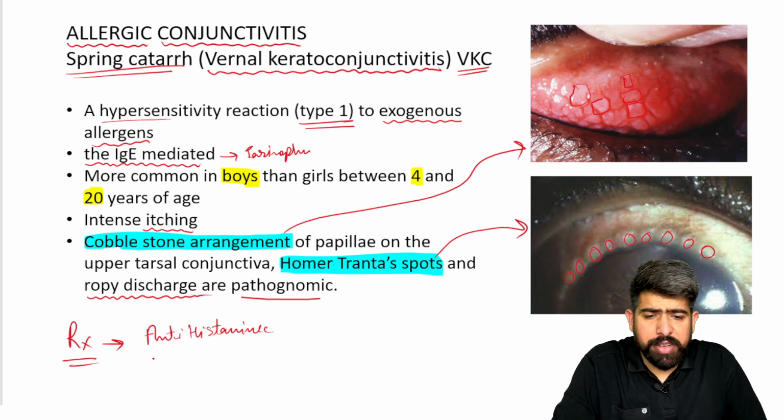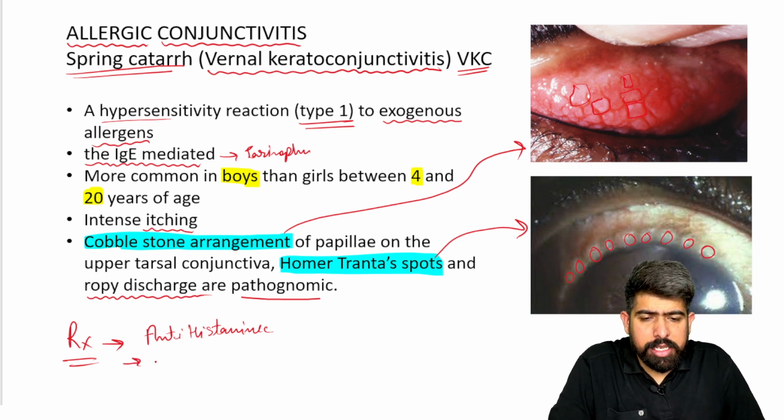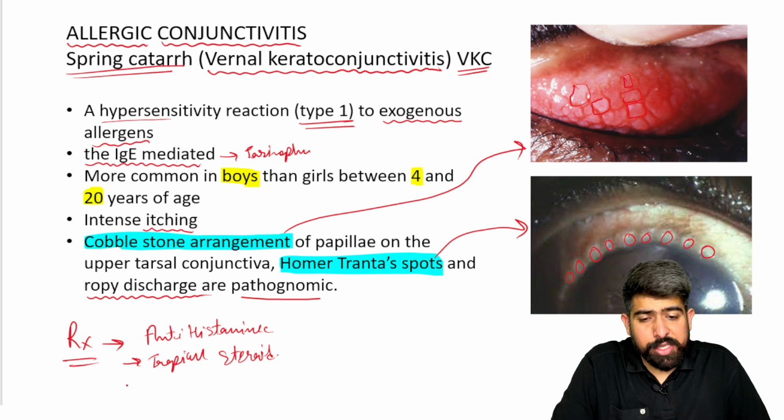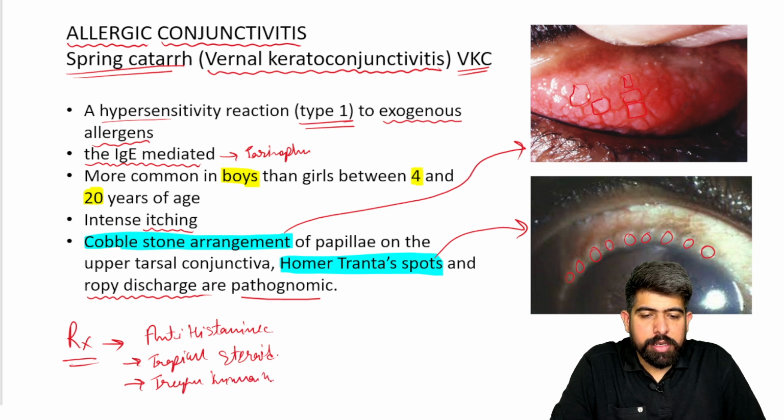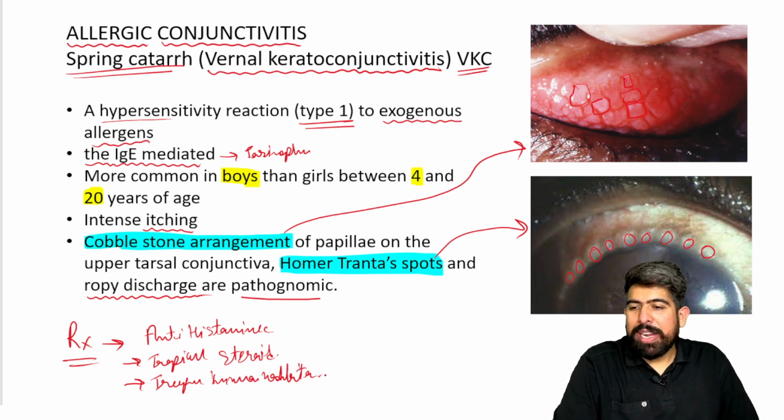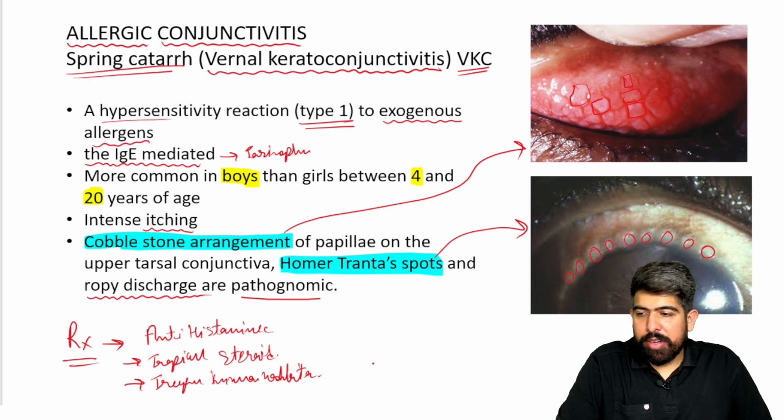If it is not controlled with the antihistaminic, we'll give a topical steroid. And if it is not controlled by the steroid also, we can give topical immunomodulators to this patient.